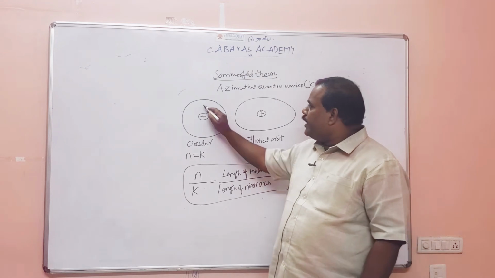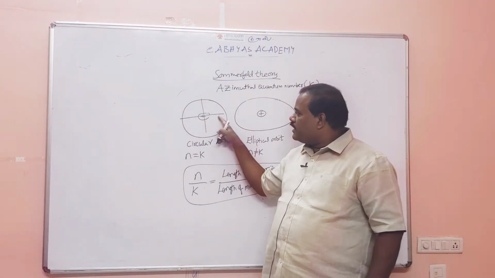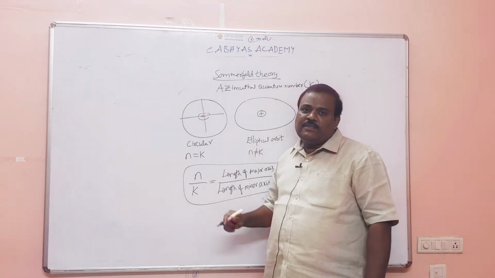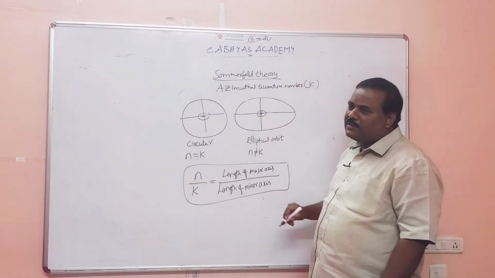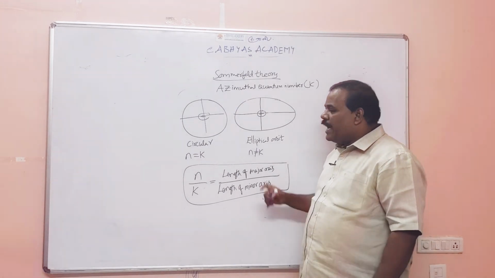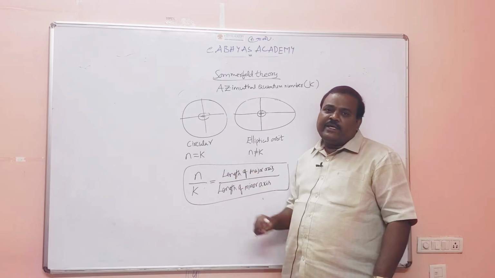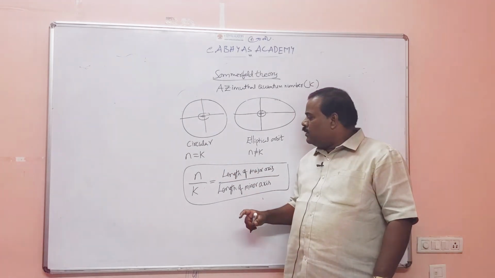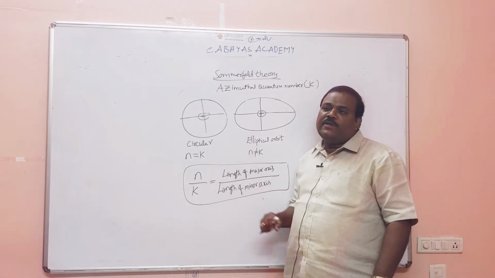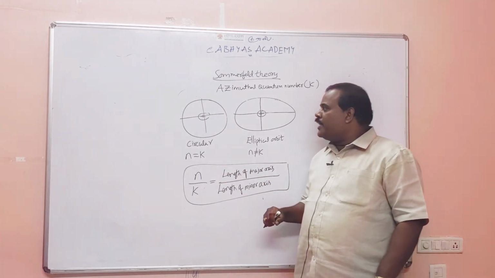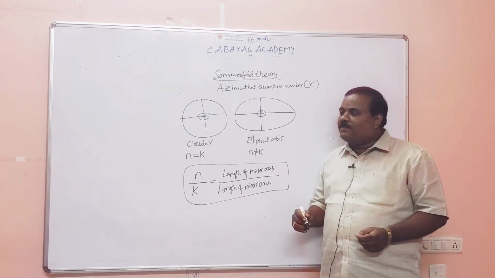In an orbit we have two types of axis. One is major axis, other one is minor axis. Here also in elliptical path there are two axes. Thus n by k is equal to length of major axis by length of minor axis. Then for a circular orbit the important condition is n is equal to k. For an elliptical orbit the important condition is n is not equal to k.